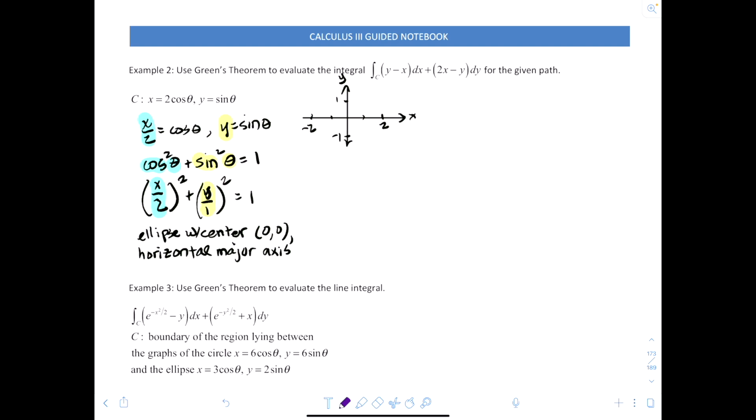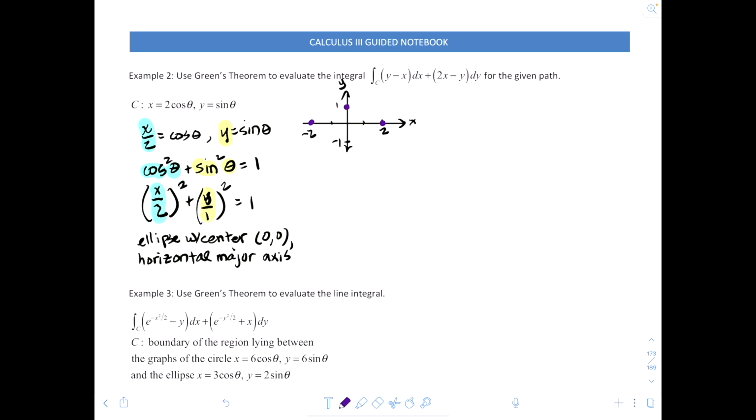At theta equal to 0, cosine of 0 is 1, so you'd have x equal to 2 and y equal to 0, so it's starting right here, okay? And then at theta equal to pi over 2, you'd have your x equal to 0 and your y equal to 1, right? So we can now tell our orientation is going to be, hang on, I'll draw it like this. So it'll look something like this.